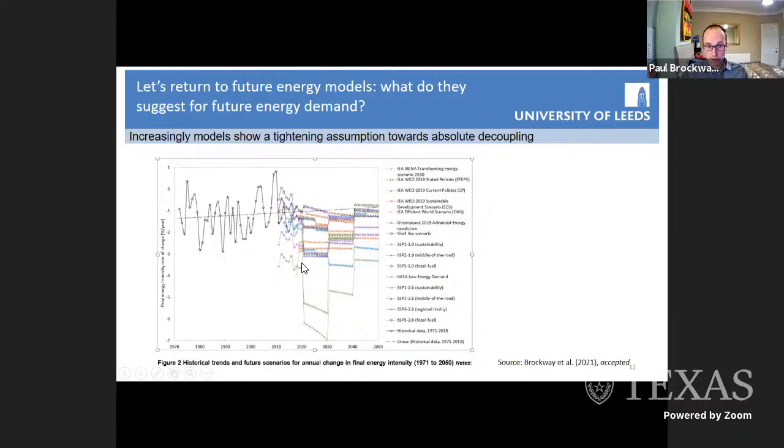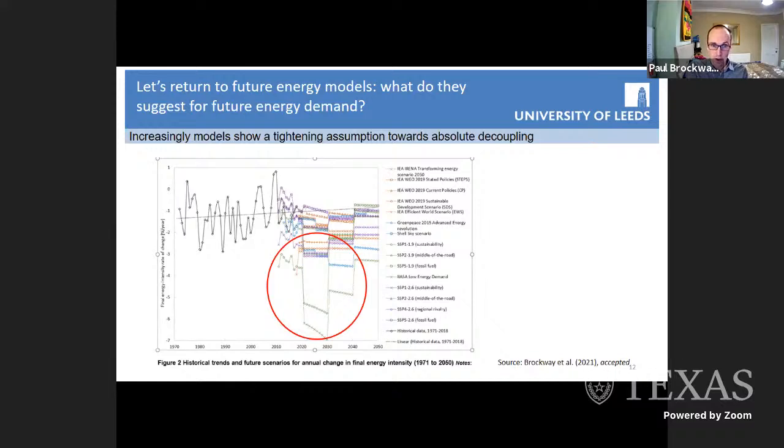And yet some of these models are now showing much higher increases in, or reductions in, energy intensity. So this area here, again, is a big concern in terms of future models projecting rapid changes in energy intensity, which has no historical basis.